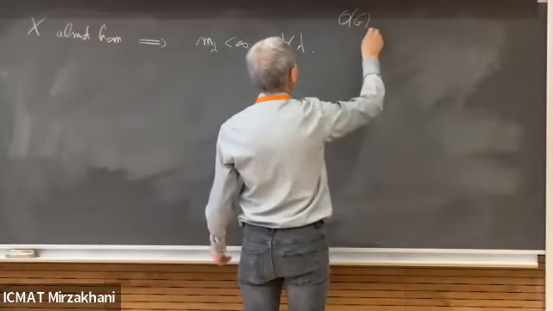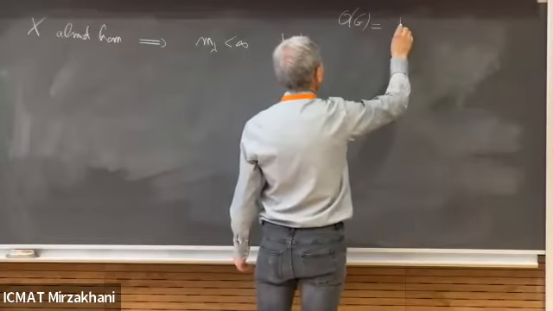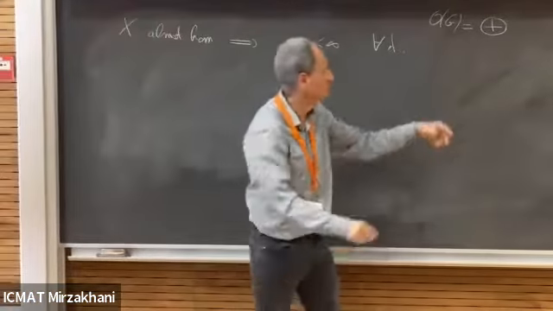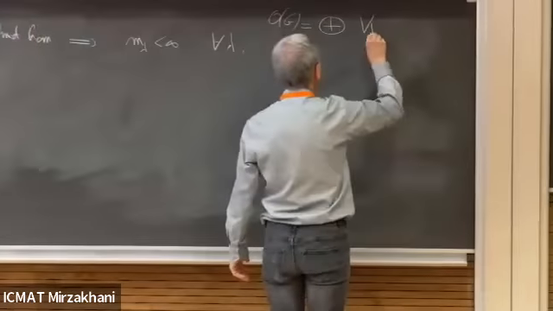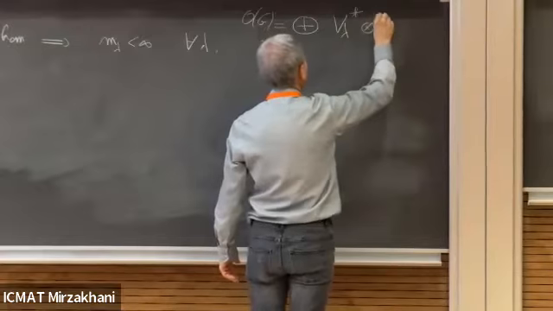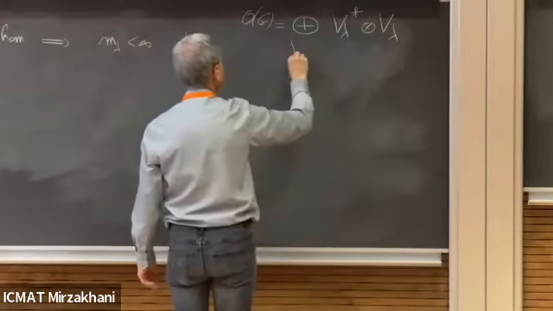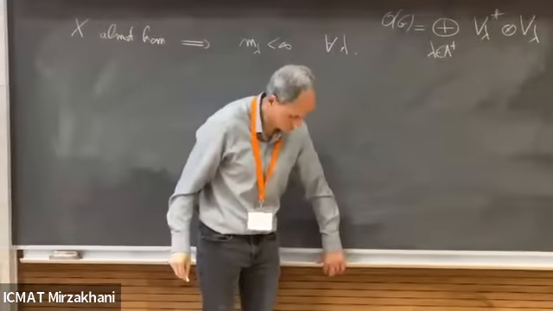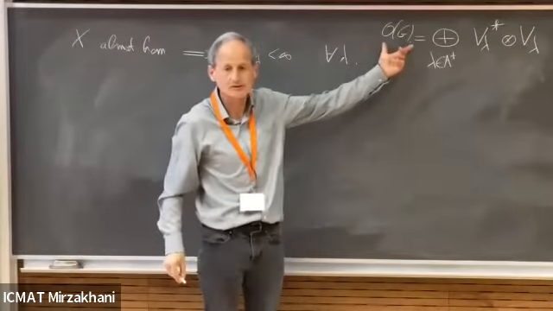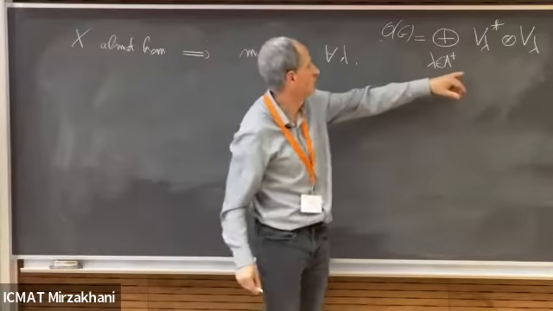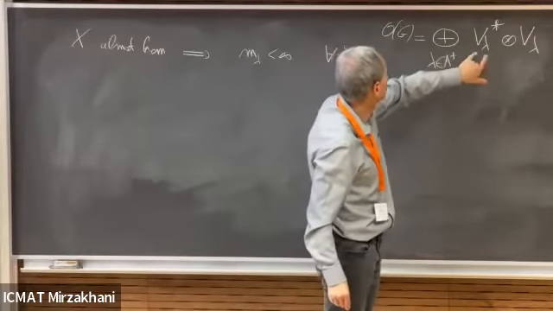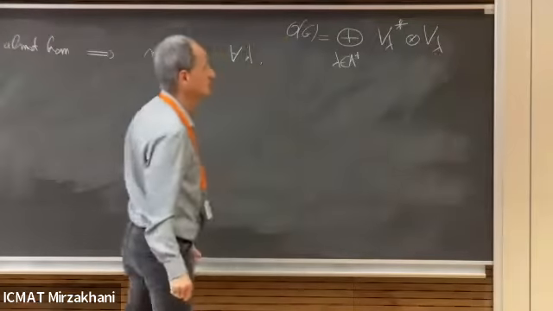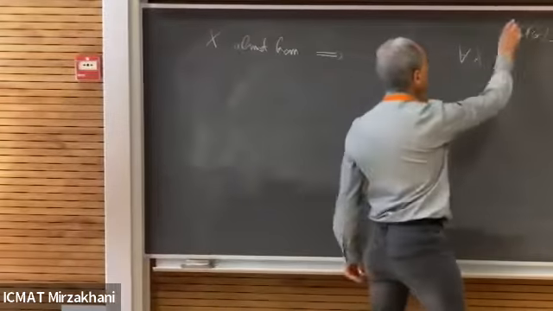Maybe you remember the decomposition of G as a representation of G times itself. This is something like this. It's an algebraic version of the Peter-Weyl theorem, I think. Okay, and if we keep only the left G action, then you get this with multiplicity the dimension of this. So that's not a big fact.